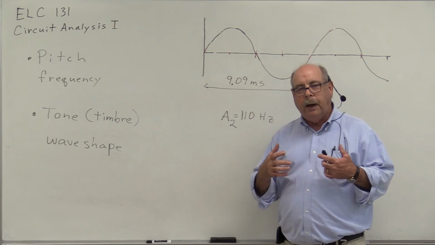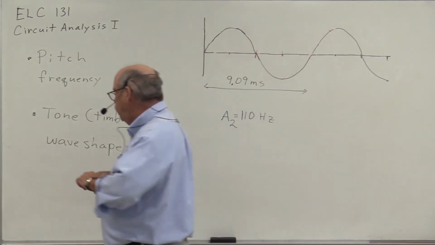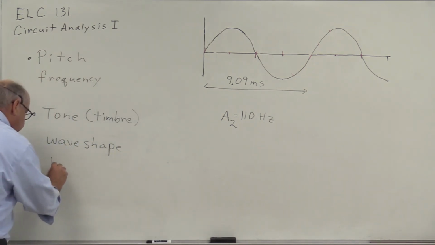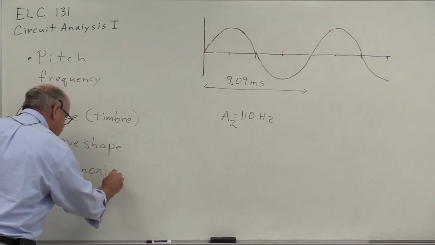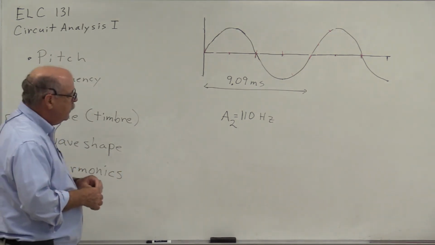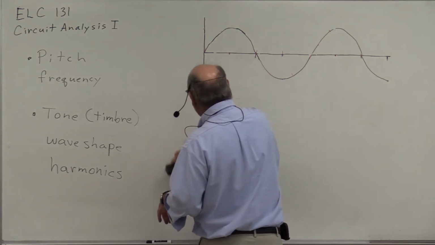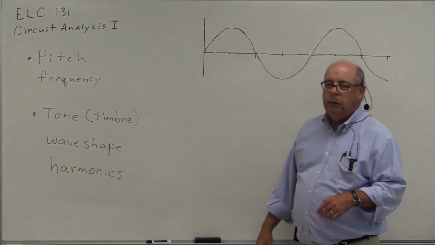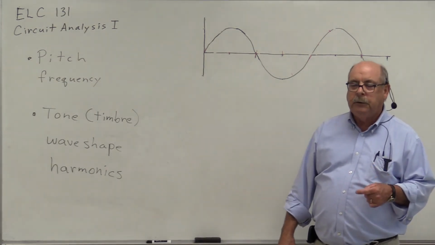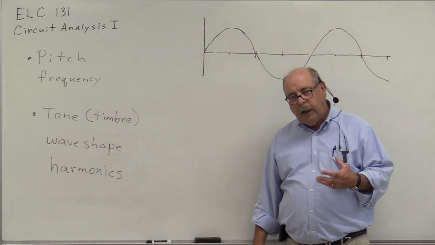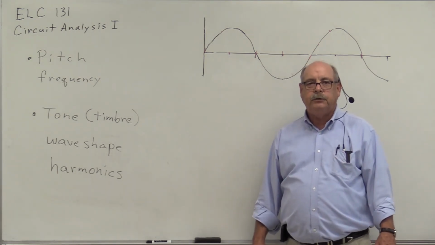And it's all about wave shape, which is ultimately affected by, guess what? Harmonics. So the flute, the piccolo, the glockenspiel, those instruments create a waveform that's very close to a sinusoidal waveform.